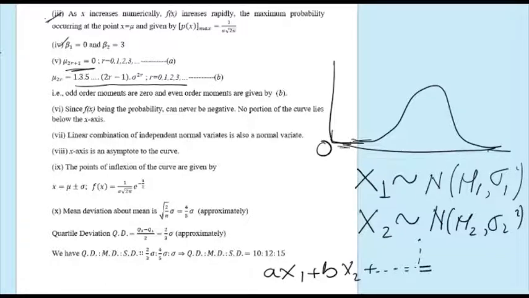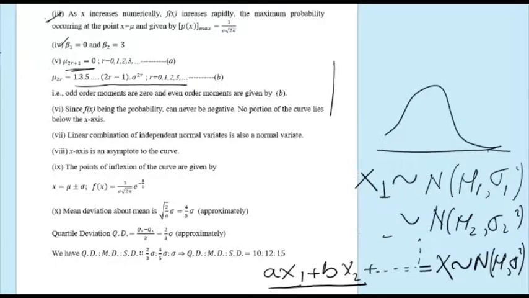Let us denote this sum by x, which again follows a normal distribution with some mean mu and variance sigma square. That means if x1, x2 are different normal variables with different means and variances, their linear combination is also a normal variable with some mean and some variance.